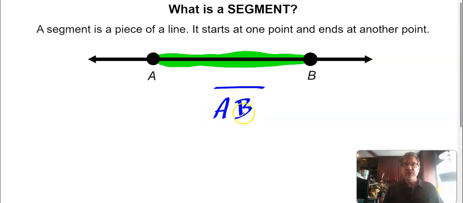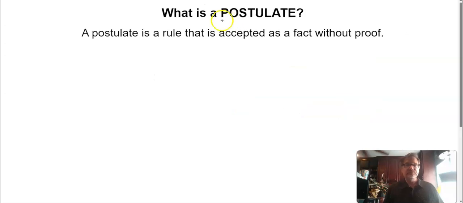Segment AB, or you can call it segment BA. Either start at A and end at B, or start at B and end at A. Either way, this is that piece of line, segment AB.